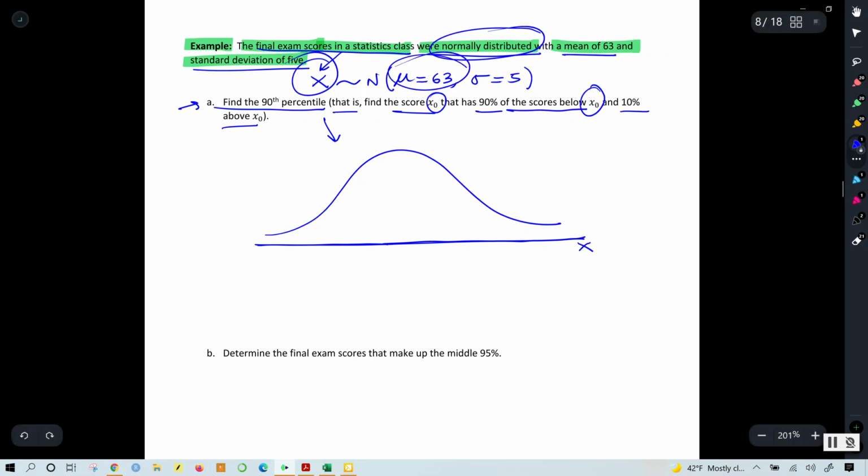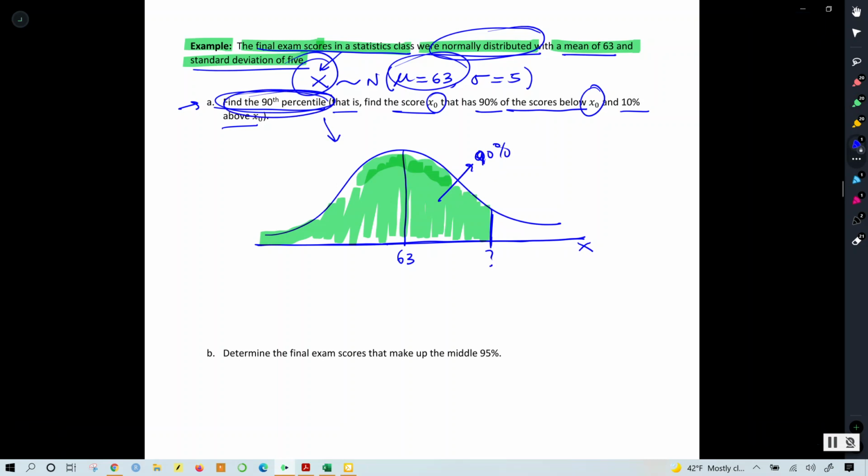I'm going to locate the mean, which is 63, and I am interested in finding the 90th percentile. That is the number such that the proportion of all exam scores at or below that number is 90%, hence the 90th percentile. And so, if 90% are below it, the remaining 10% are above that number.